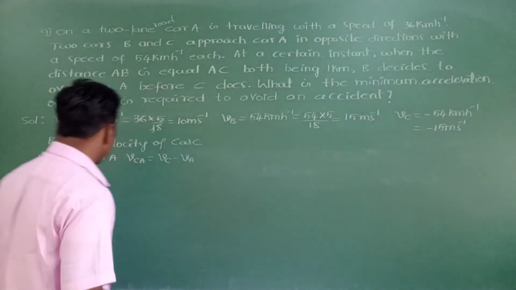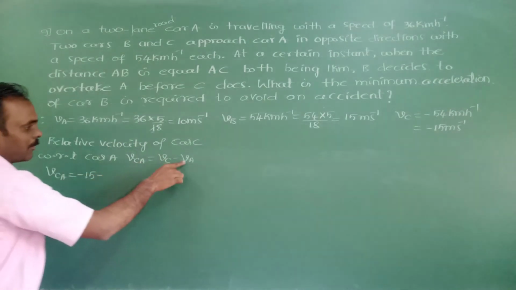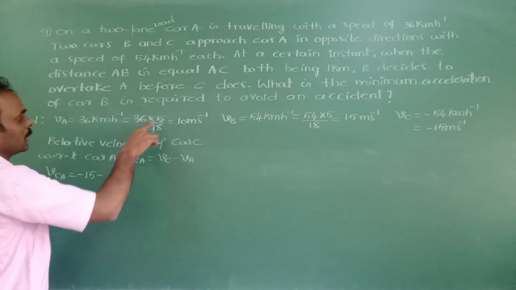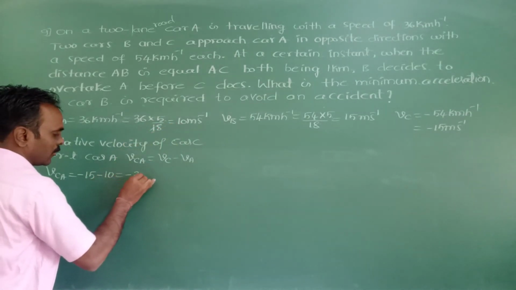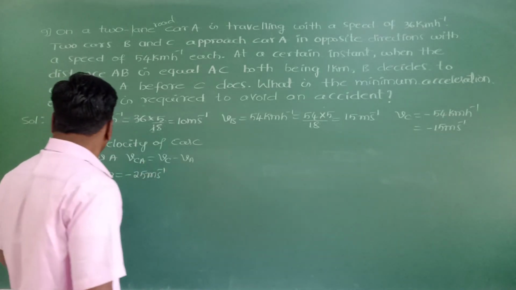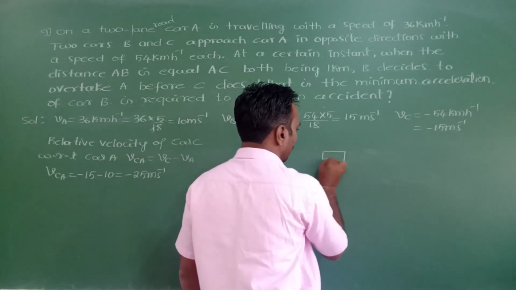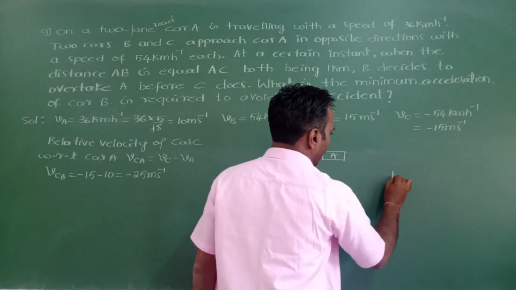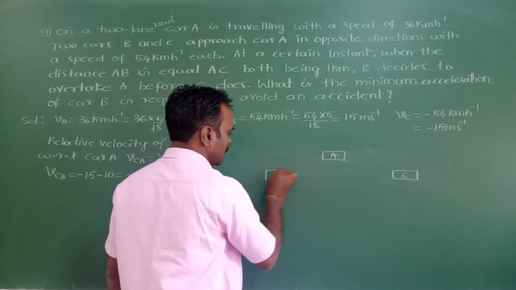Minus 15 meter per second. And what is the VA value? Plus 10 meter per second. So it is minus 25 meter per second. So we got the relative velocity of, so this is A and this is C.